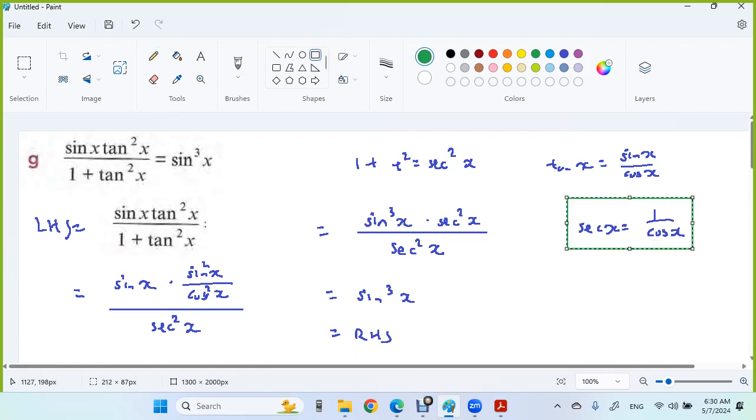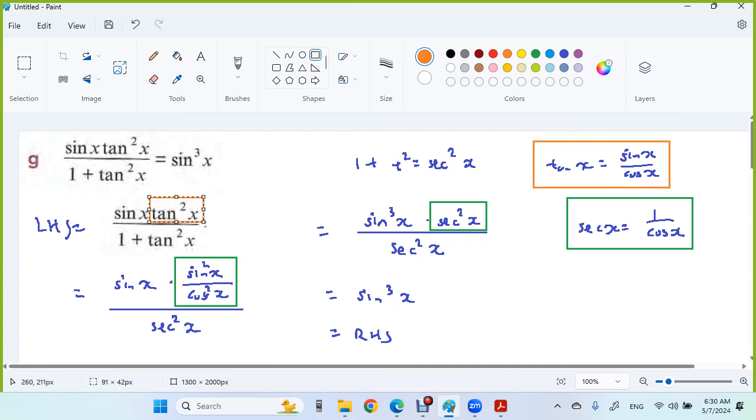So we have the secant is the 1 over cos, and then the tangent is the sine x over cos x, and 1 plus tangent square is secant square. Okay.